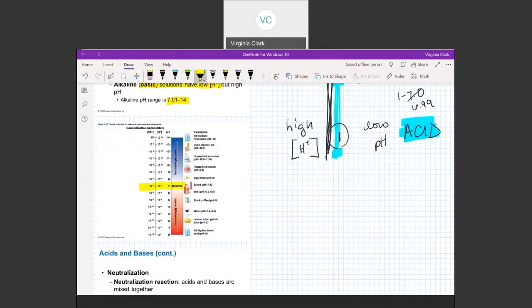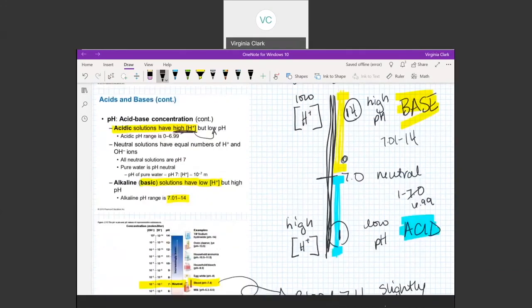Neutral is 7.0. Right here is our blood, our main liquid in our body, besides that which is made up primarily of water. So blood is actually going to be 7.4. That means looking at this, our actual body is going to be slightly basic, because 7.4 will live in this world right here, which falls into our basic world.